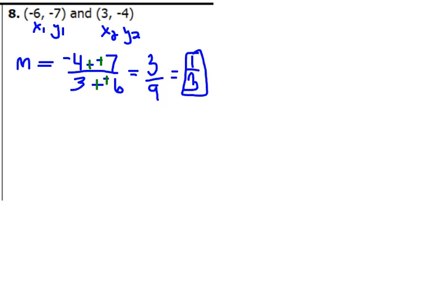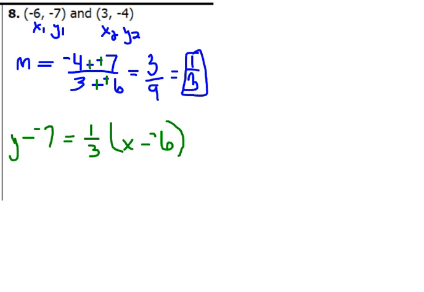Okay, now to our point slope formula. So we know that we need to do a y minus y sub 1. So y sub 1 is -7 equals the slope that we just found, which is 1/3, parentheses, x minus x sub 1, so that's -6, close parentheses.